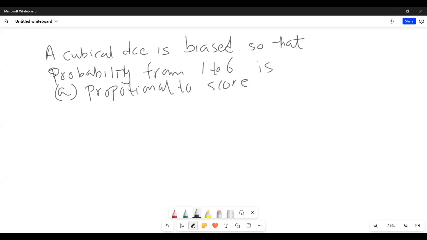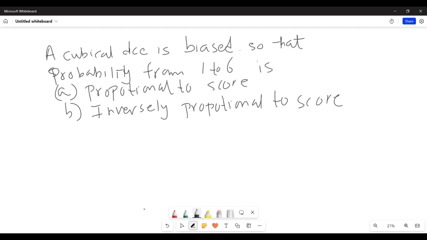Proportional means directly proportional. Part B, inversely proportional to the score. Okay. Part A करते हैं पहले.